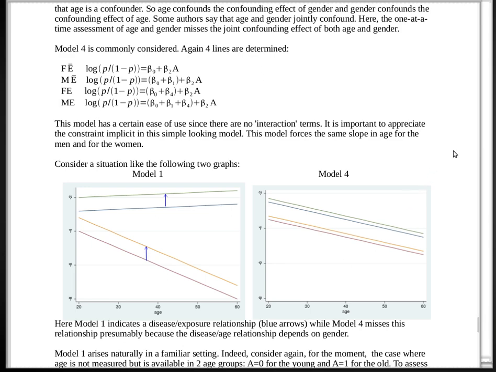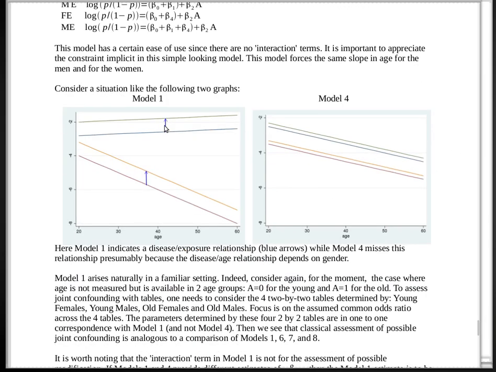But suppose we have a situation in which Model 4 reveals a gender relationship. In other words, we get that gender needs an adjustment, right? We need to adjust for gender. Here, Model 1 indicates a disease exposure relationship, the blue arrows, while Model 4, where I have assumed parallelism, misses the relationship.